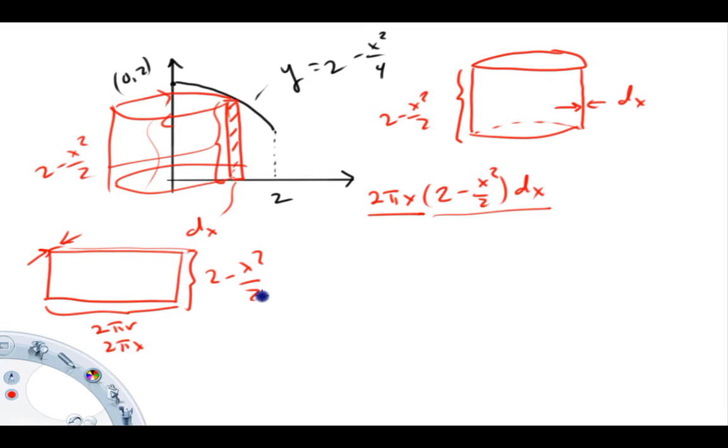Then you're getting the volume by length times width times depth. Now, this gives a differential volume, dV, because this is a dx. For the total volume we would add these all up: the integral of 2 pi x times 2 minus x squared over 2 dx, with x in this example running from 0 to 2.